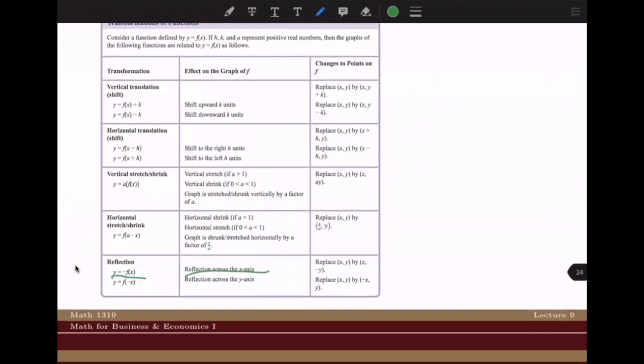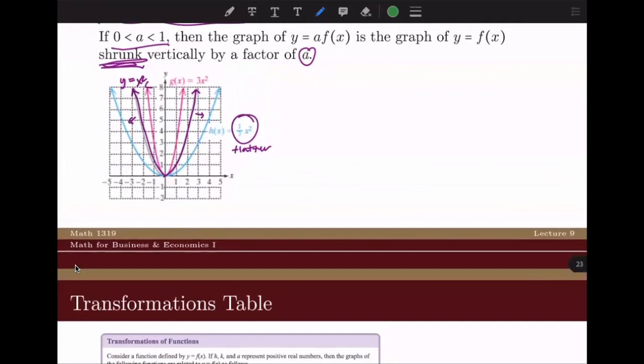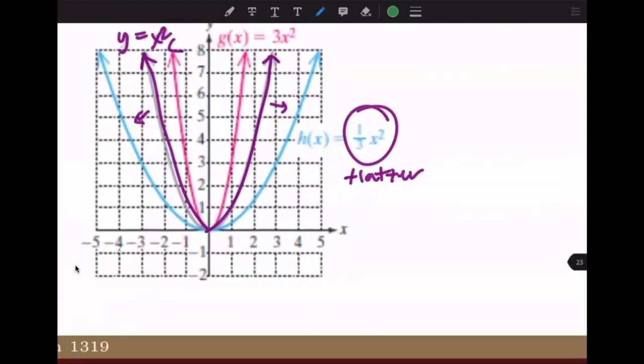Also remember, from this example we just discussed, that if it is a fraction, essentially less than 1, we are going to have a stretch, like a flattening stretch. It's a vertical shrink, a horizontal stretch, but it'll flatten out a bit, essentially.